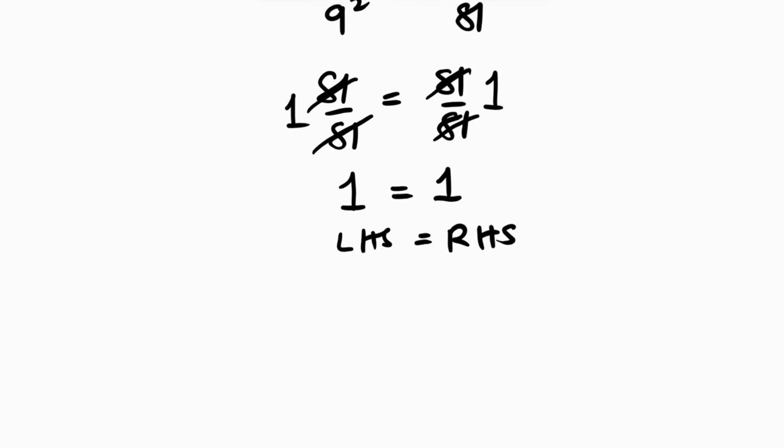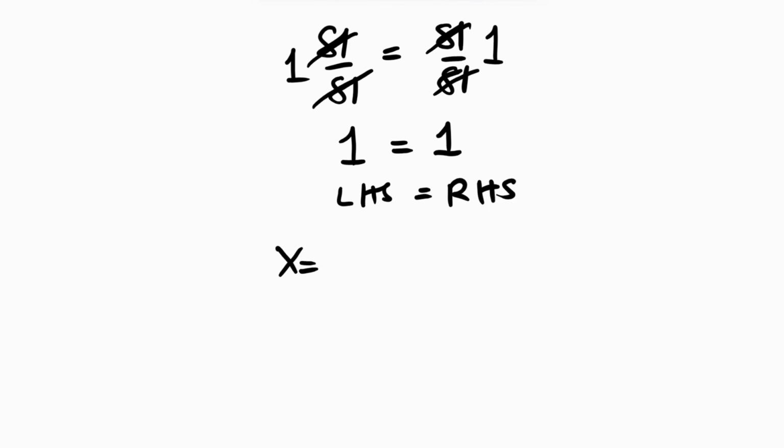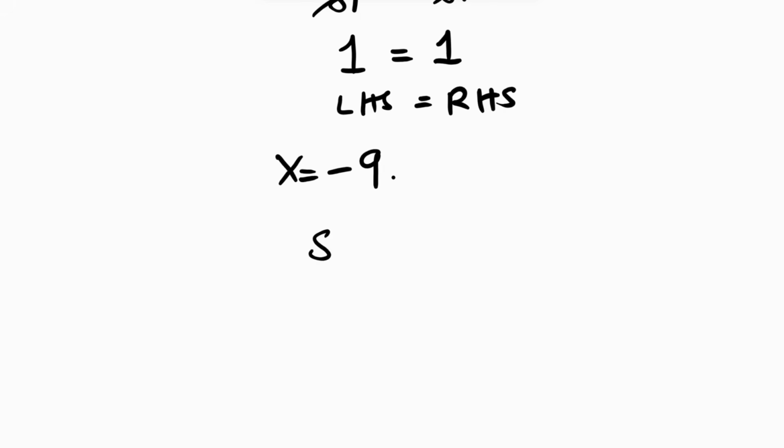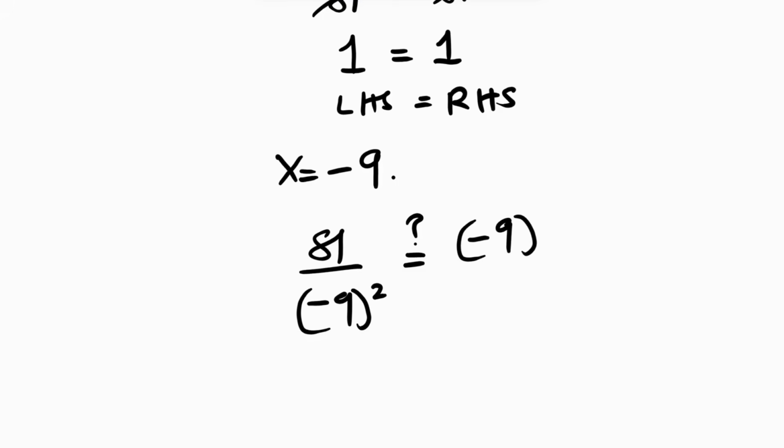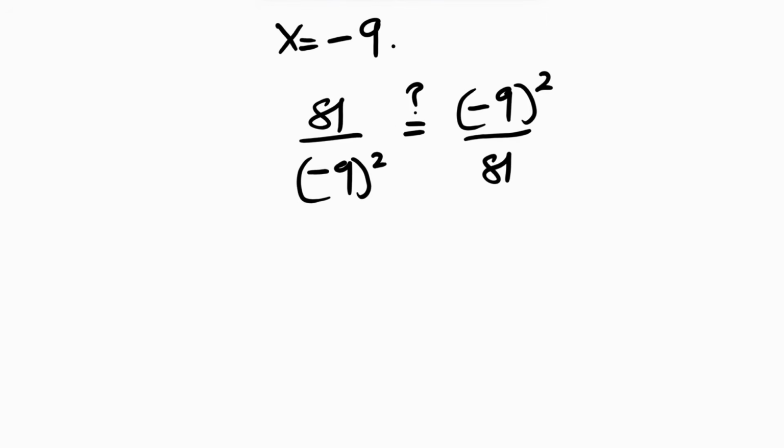Okay? Now, if we take x to be minus 9, and we have 81 divided by minus 9 squared, see if it's going to be equal to minus 9 squared over 81. Now, minus 9 times minus 9 is equal to what? Minus times minus will give us plus. 9 times 9 will give us 81.